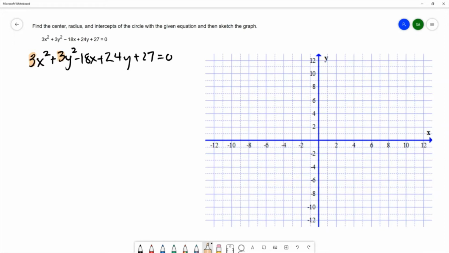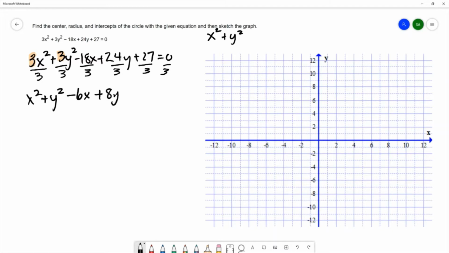In general form, we typically have x squared and y squared with no coefficients. So I'd like to get rid of that first. I'm going to do that by dividing all the terms by 3. That gives me x squared plus y squared minus 6x plus 8y plus 9 equals 0.